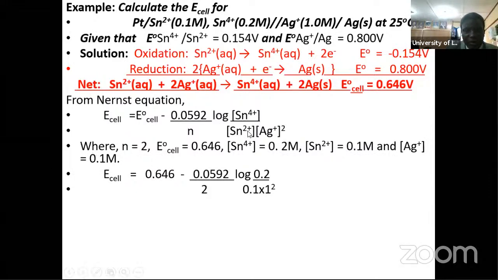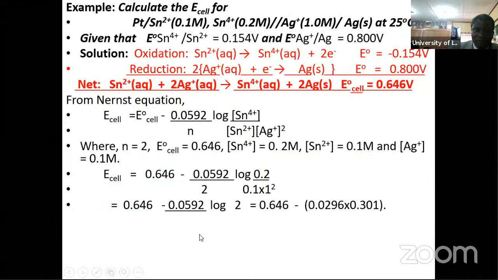I think there's an error here. Your silver plus from that question is 1, so you can see it's 1. There's an error here. This is actually 1, but the answer here is correct in that it is 1, so 1 squared. So when you solve this equation, your final answer is going to be 0.637 volts. So this is the way you use the Nernst equation.